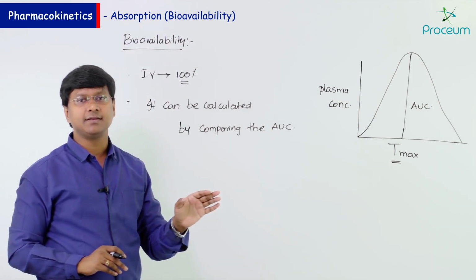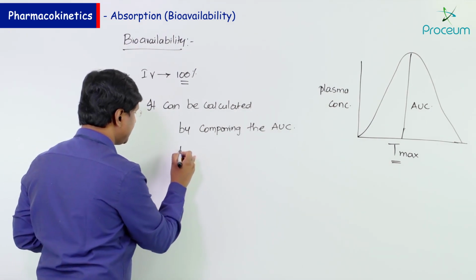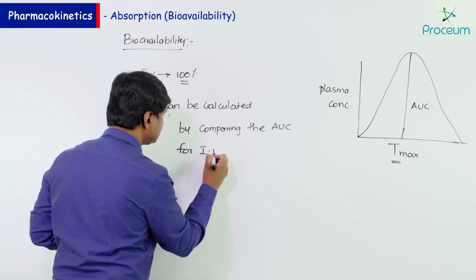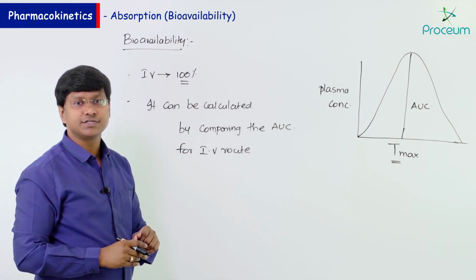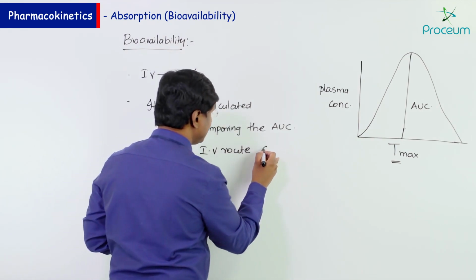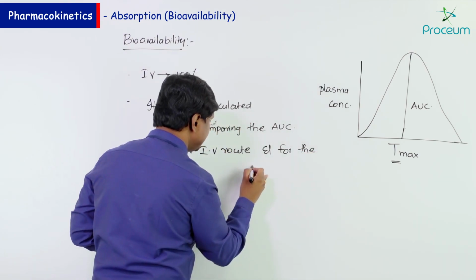It can be calculated by comparing the AUC for the intravenous route and for the desired route.